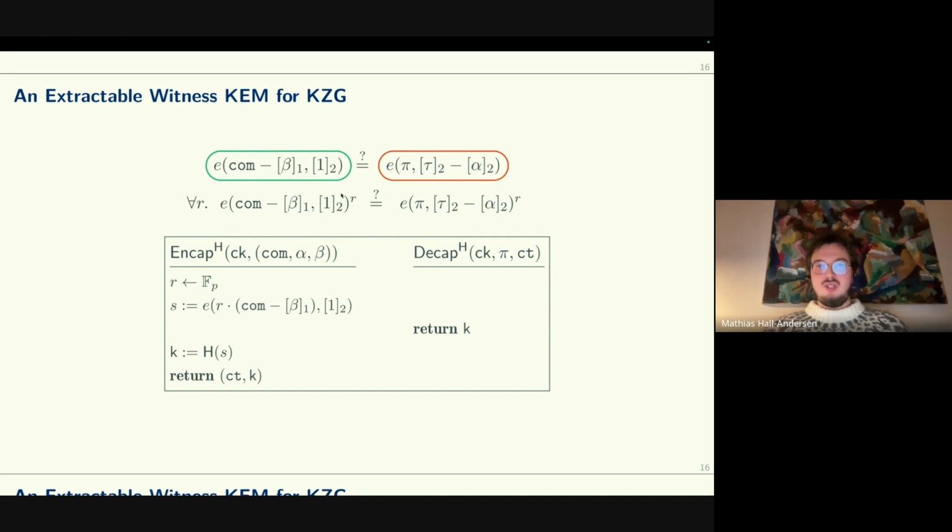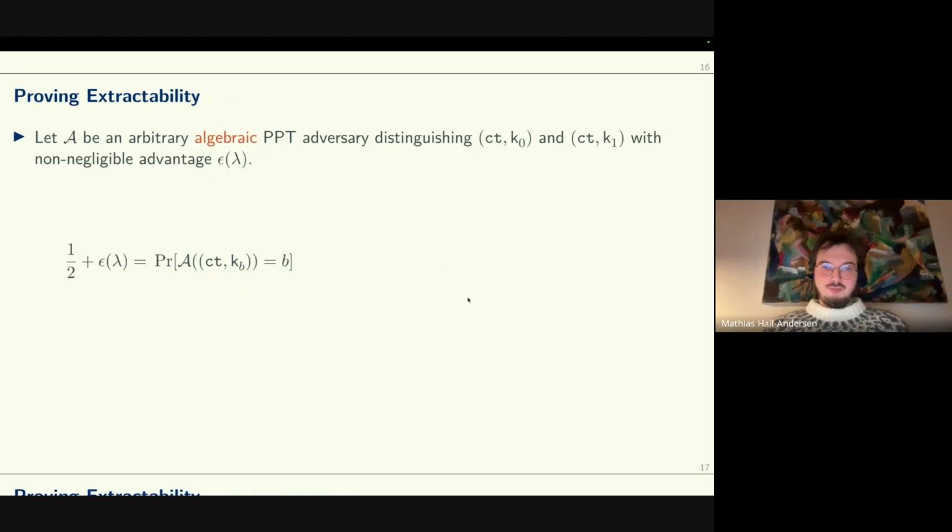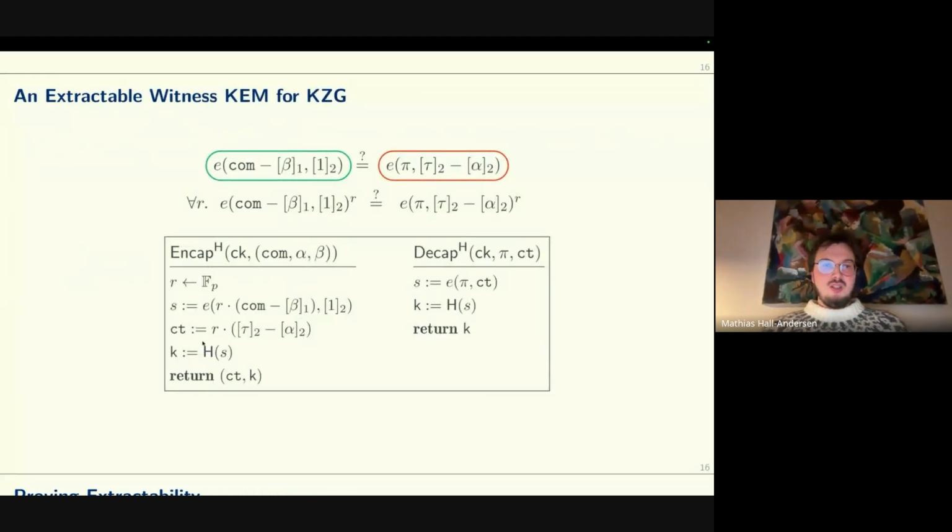I'm going to move the R in here and pair. So that's going to be the same as here. And then, to give you a little bit of a hint so that you can recover something in the target group that depends on R, I'm going to give you this tau in G2 minus alpha in G2, all of that times R. So my ciphertext is just this G2 element.